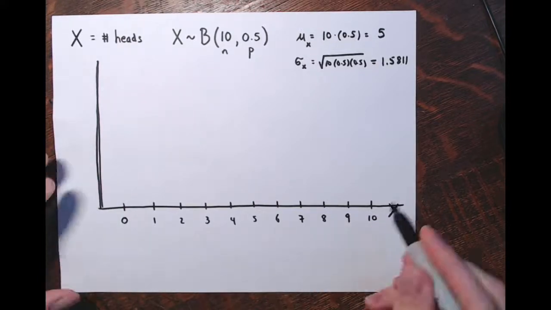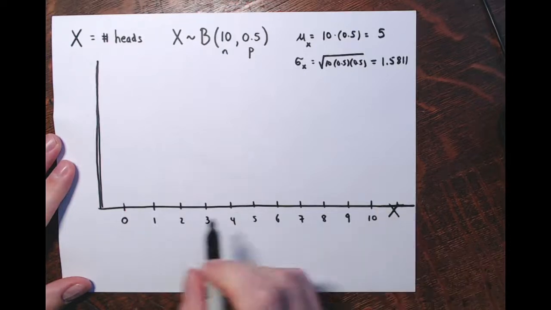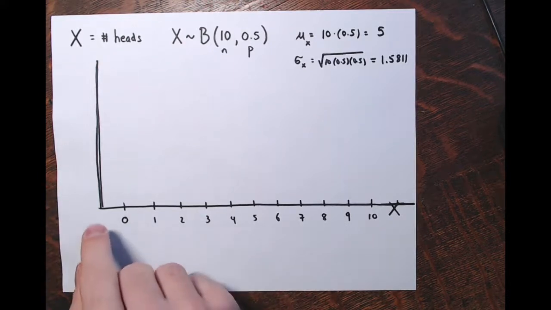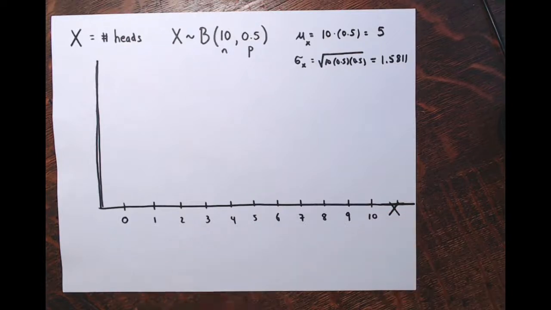And of course, this is a number line, so there is 11 and there are negative numbers, but you can't possibly flip a negative number of heads, or 11 or 12 heads, when there's only 10 coin flips.